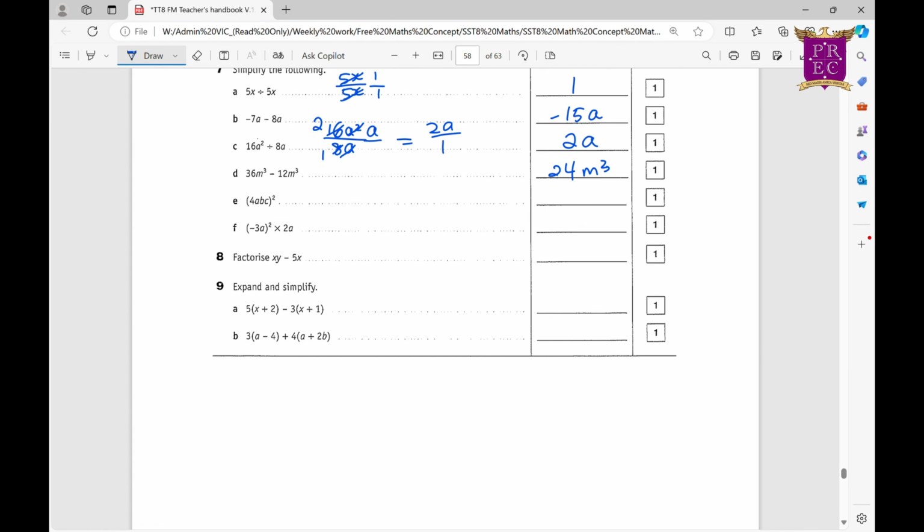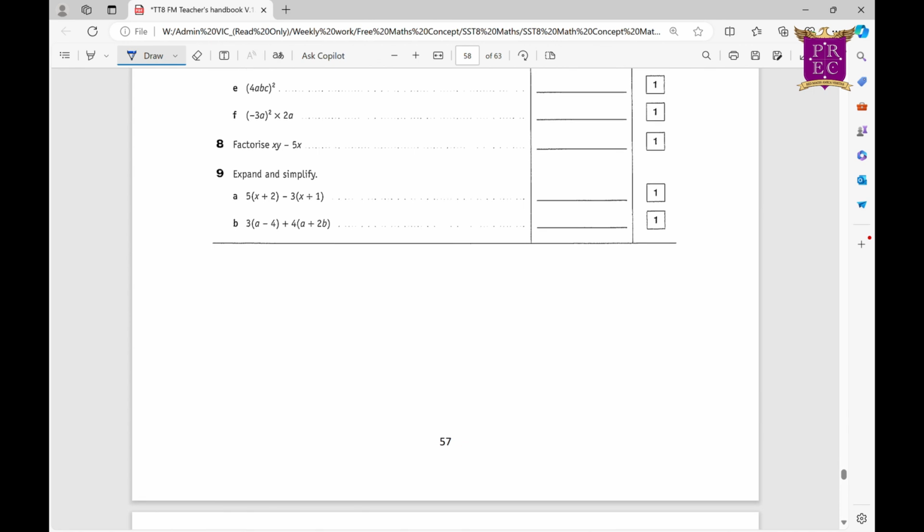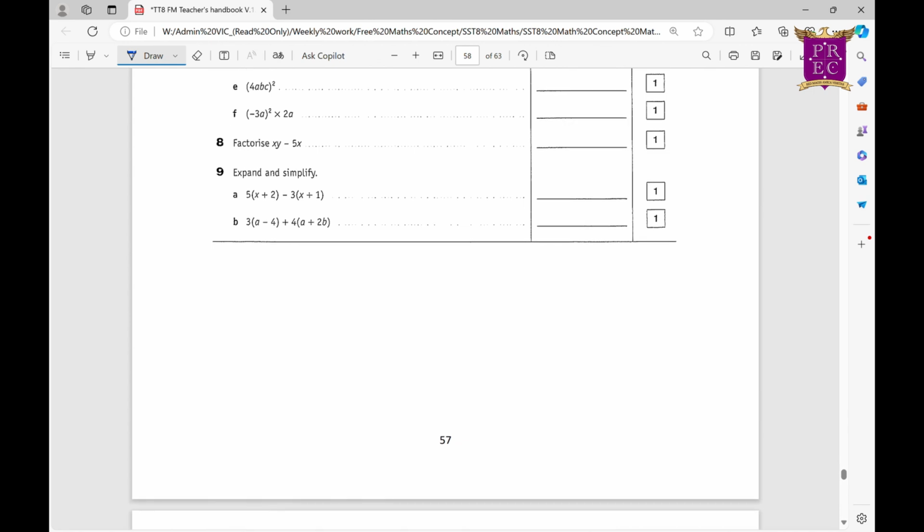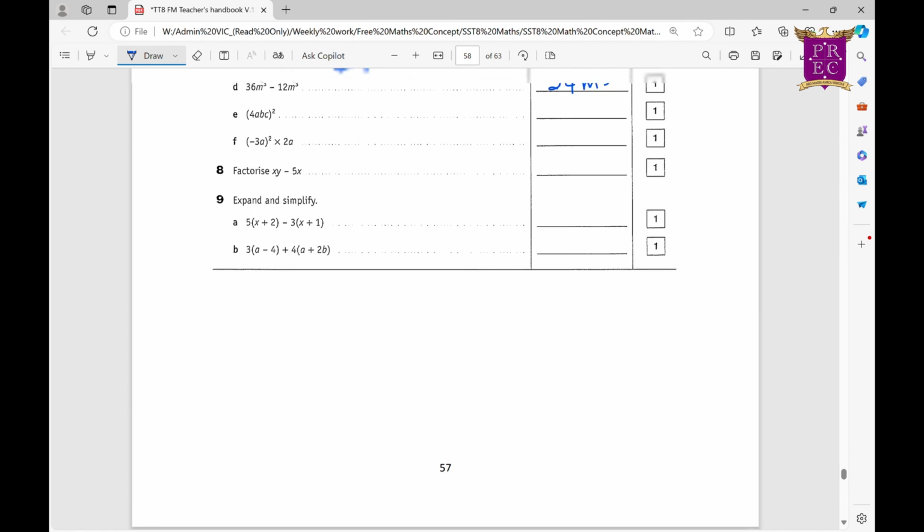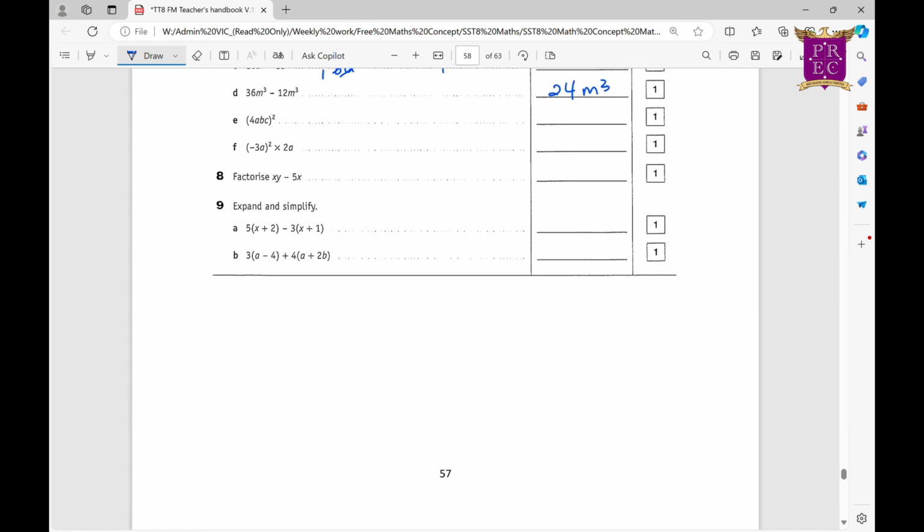Alright, question E, you will notice that it's asking you to square all the terms in the brackets. And now, I think this was also mentioned, yep, I did mention this 2 videos ago.